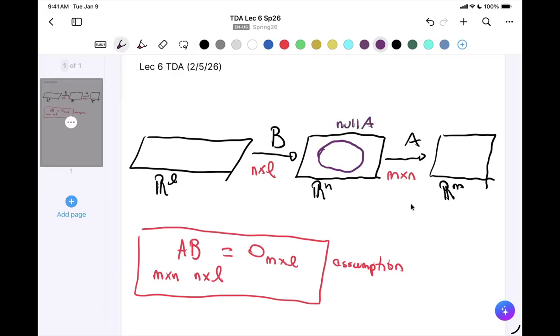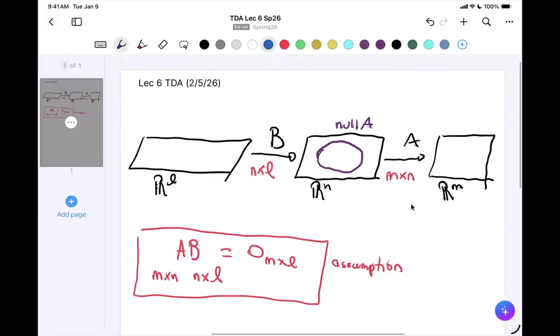The null space of A is larger in general than the column space of B. Sometimes they could have the same size, but what is true in general is that the column space of B is always a subspace of the null space of A.